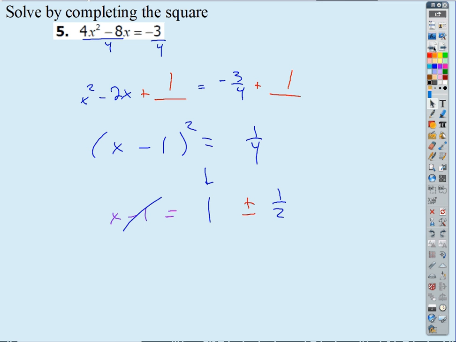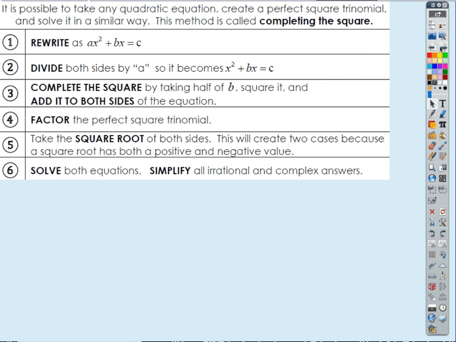If you want to review the steps, well, here they are. But you don't have to think about it as steps 1 through 6, because you're just going to forget something like that. So let's make sure these make sense. What are we doing first? We're going to push the constant to the other side, so we get ax squared plus bx on the left side equals some number.